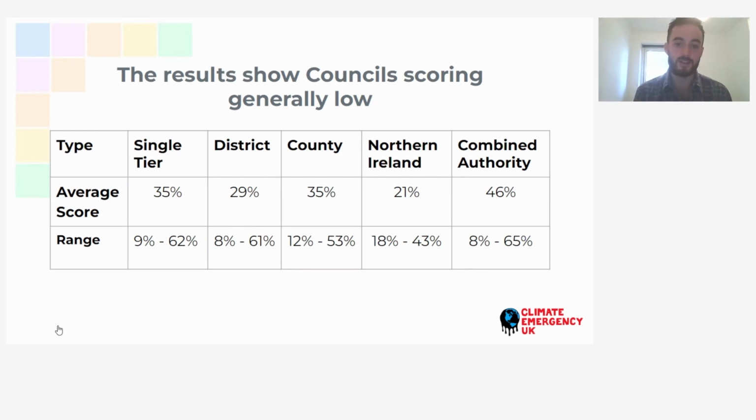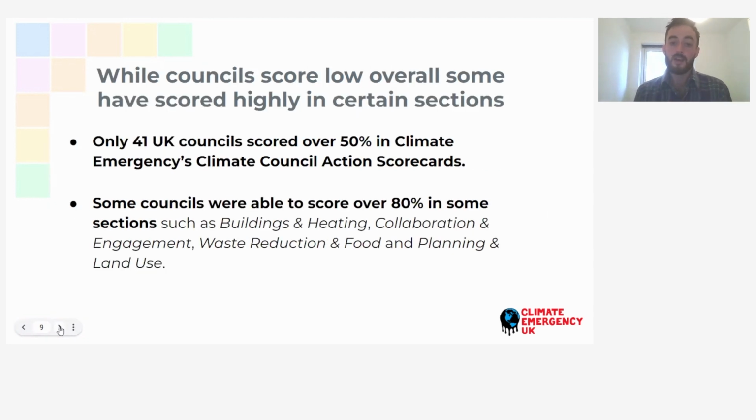You can see that councils are scoring generally low in this area, and we do know that councils need to do more to move towards net zero. Later in the session, I'm going to cover some of the actions they can take. While councils score low overall, some have scored high in certain sections. Just to reaffirm, only 41 UK councils scored over 50% in the first ever Council Climate Action Scorecards.